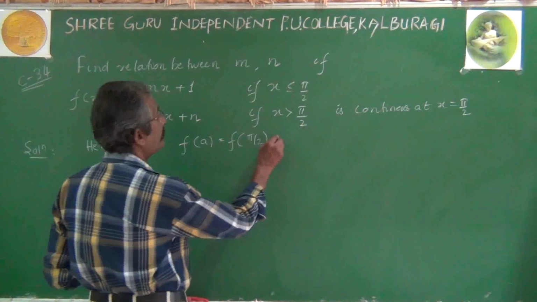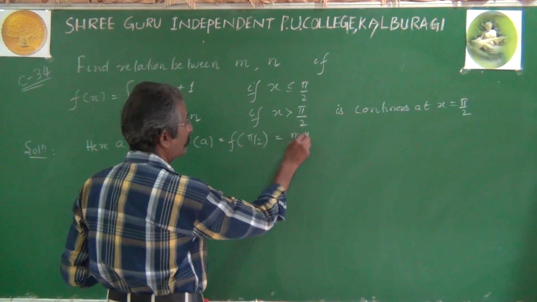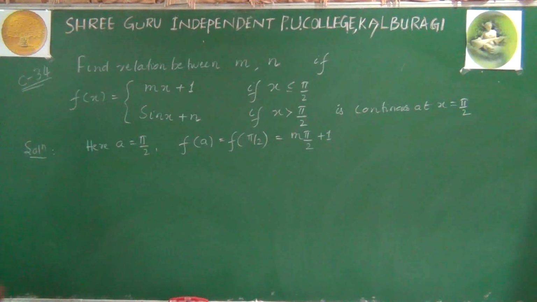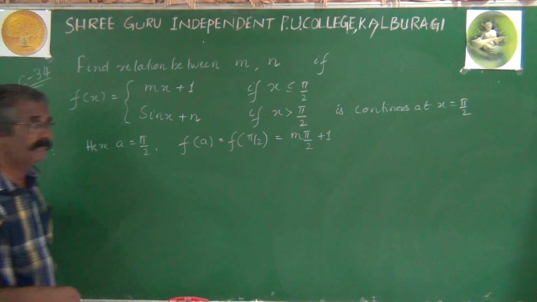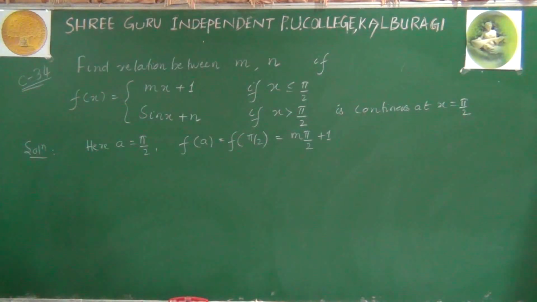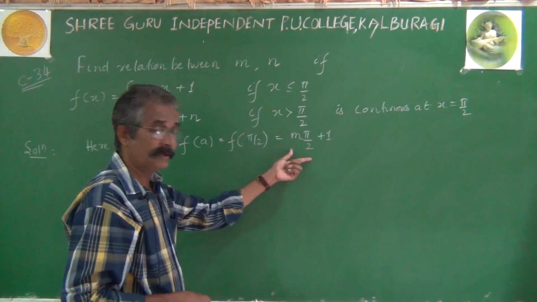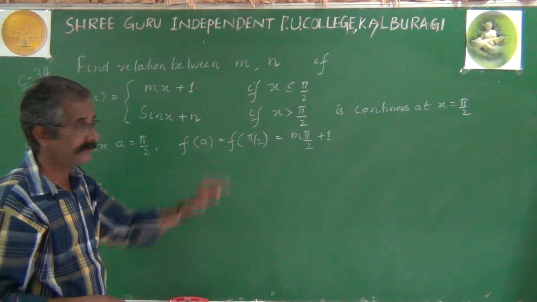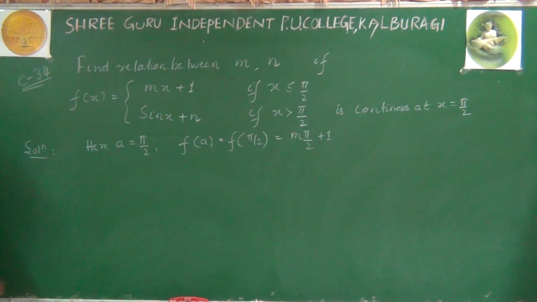So it becomes m pi by 2 plus 1. We also find the left hand limit as well as the right hand limit. For the left hand limit we refer to the less than condition, and for the right hand limit the greater than condition. But obviously the left hand limit and f of a will be similar values, because they come under the same value of the function.